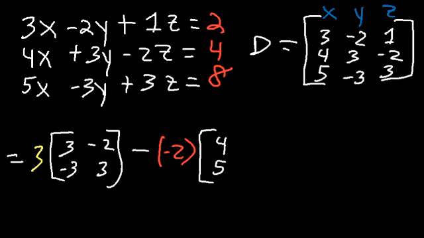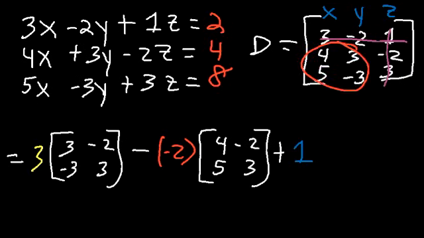So it's 4, 5, -2, 3, and then plus the last one, which is 1. And if we eliminate the row and the column attached to 1, what we have left over is 4, 5, and 3, -3.